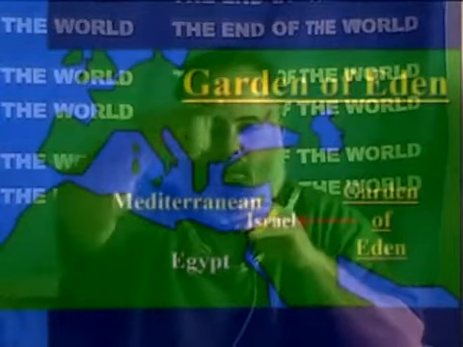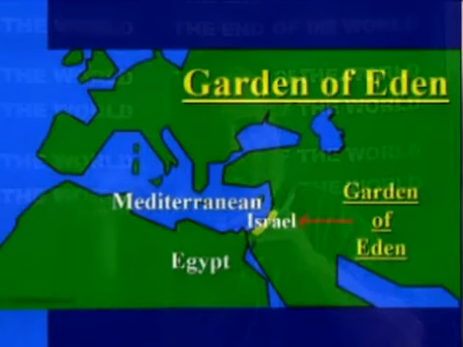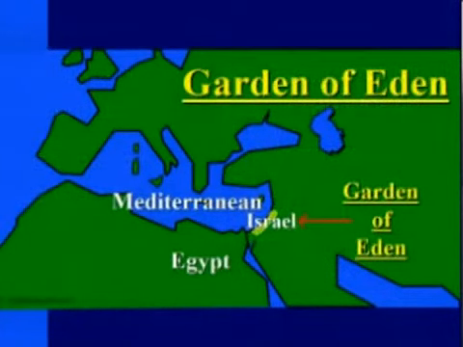He put him in the garden eastward in Eden, because the whole world as a whole is Eden. The earth, the waters, that's Eden, Idan, paradise or joy.